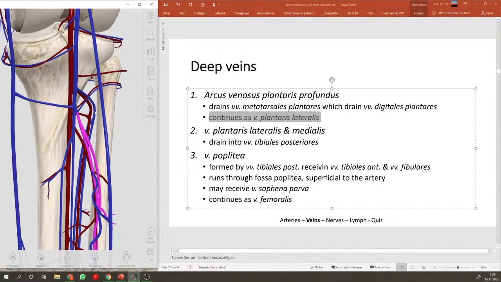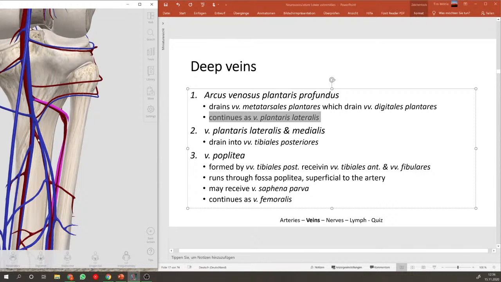Yes, no, wait, I'm confused. This one here. You can see the fibular artery just below it, and it will form vena poplitea together with the anterior tibial vein. Again, it's just like the arterial system.